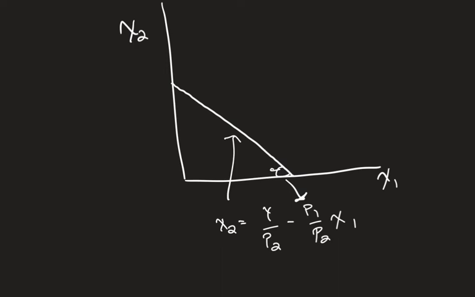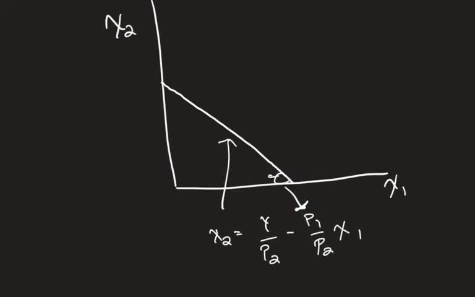And just labeling things here to make it simpler. When x1 is 0, this point would be y divided by p2. Likewise, when x2 is 0, we have the other intercept, which is y divided by p1.